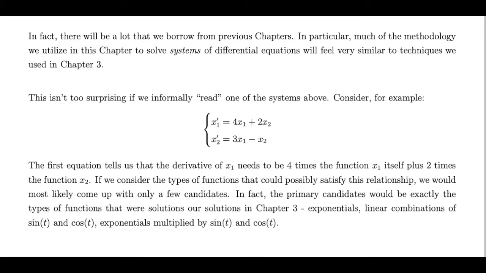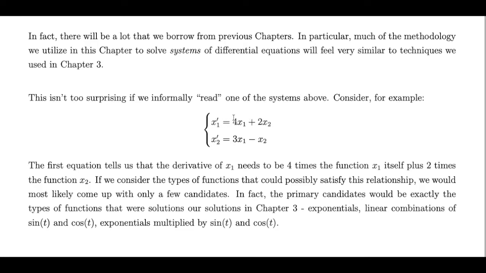So polynomials seem like they might work, but actually the prime candidates for solutions are going to be exactly the same types of functions that we had as solutions in chapter 3. Exponentials, maybe sines and cosines, maybe exponentials times sines and cosines. But those are really the main candidates. Again, think about this first equation.